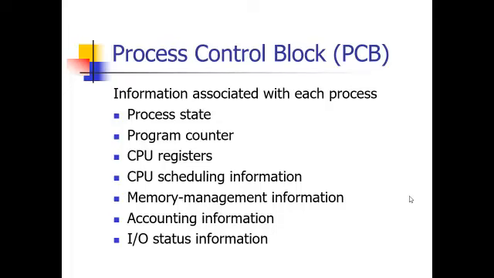So we need the program counter to identify the next instruction to be executed. Then there are certain values that need to be loaded when it starts execution again, so we need the CPU registers.